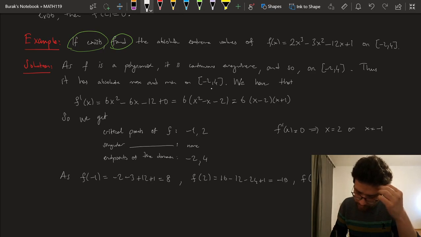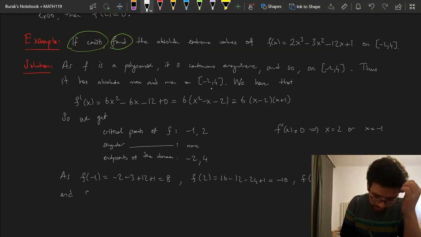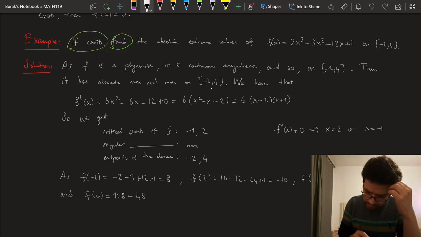You're going to get -16 and -12 plus 24 plus 1. I hope I'm not making an arithmetic mistake. 28 minus 3. And the final point, 4: you get 128 minus 48 minus 48 plus 1. So you get like 80 here, and then 32, 33.